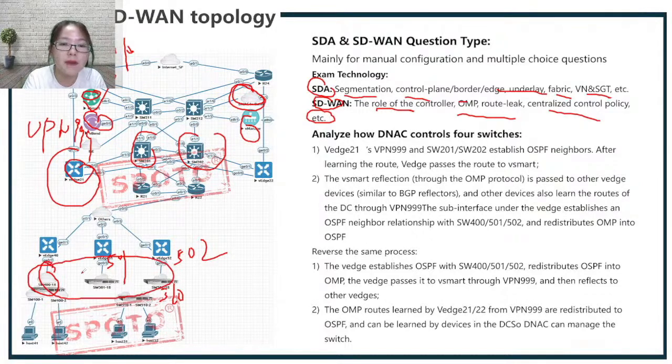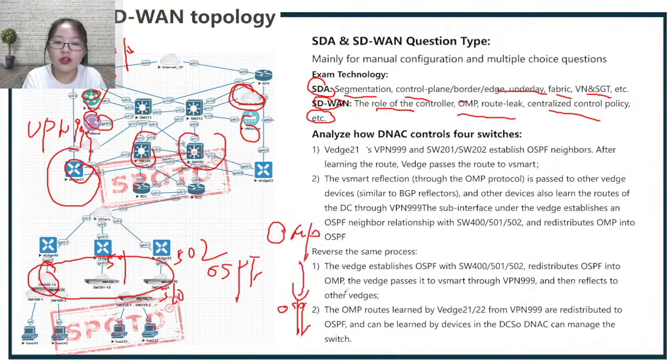This device will establish OSPF neighbor relationships with these three switches, and redistribute OMP into OSPF. The reverse is the same process. The vHub establishes OSPF with these three switches and redistributes OSPF into OMP, and the vHubs pass it to vSmart through VPN 999 and then reflect to other vHubs.